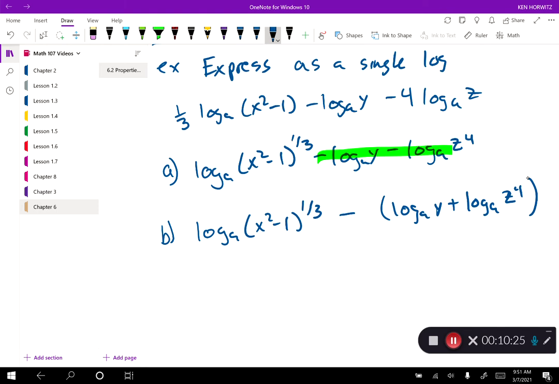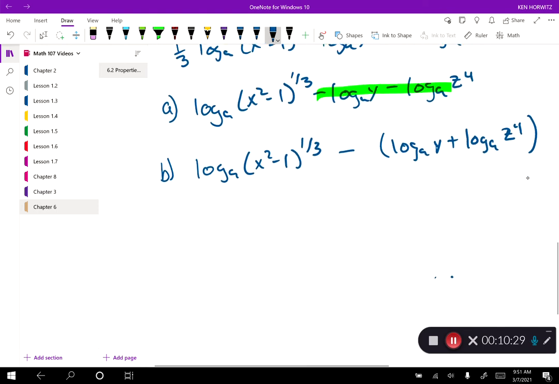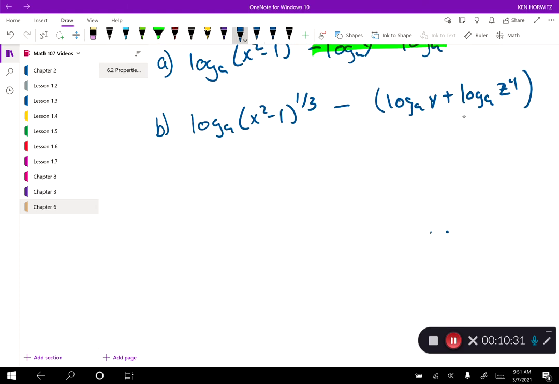You'll see this becomes much easier for me, because in step C, I'm going to combine what's in the parentheses. So I have the log base a of x squared minus 1 to the 1/3 power minus the log base a of y times z to the 4th.